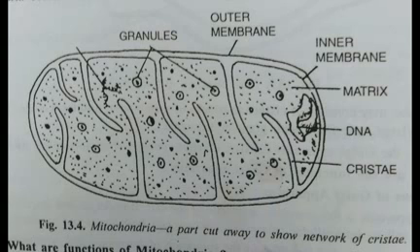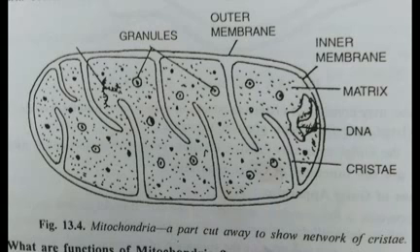The outermost membrane of the mitochondrion is smooth, but the inner membrane is folded inwardly. You can see in the diagram, it is folded inwardly into the matrix of the mitochondrion, like finger projections.